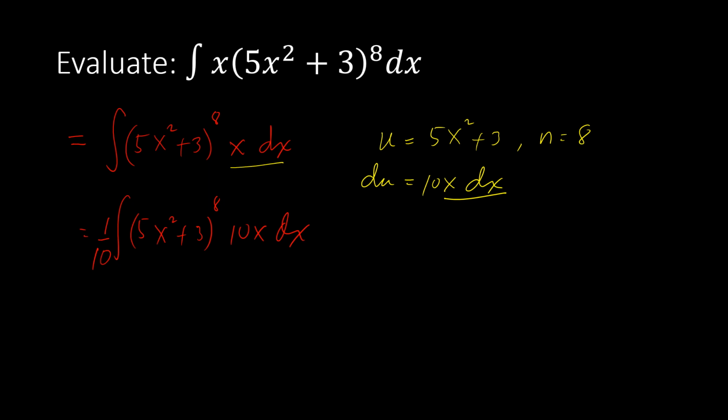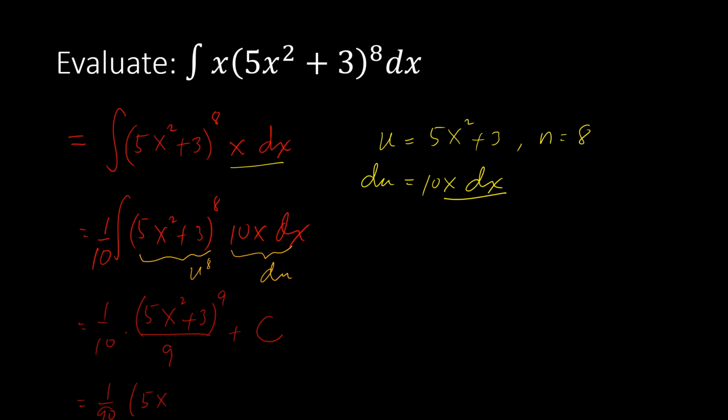And see that we have here u to the 8 du. And the integral of that will be u raised to 9, or (5x squared plus 3) raised to 9 all over 9 plus c, or 1 over 90 times the quantity (5x squared plus 3) raised to 9 plus c.